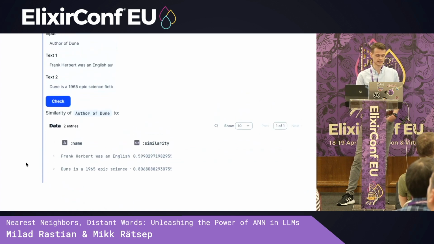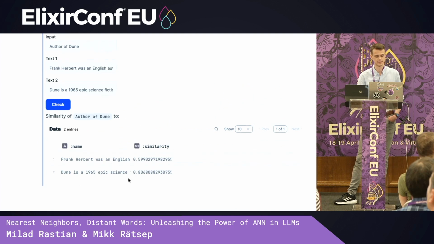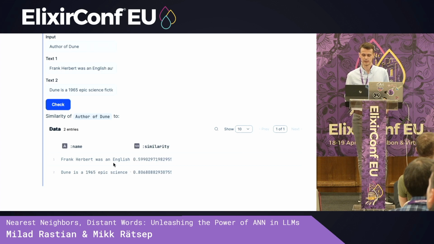So as you can see, the second text has quite a high similarity score, which confidently tells us that these two, the input and text 2, they have a similar meaning. Also, the first text has quite a high score as well. It may be because the embedding model has some encoded knowledge about Tune.